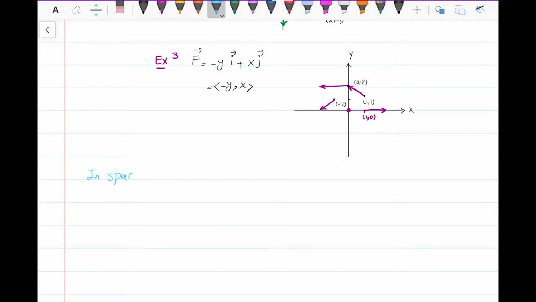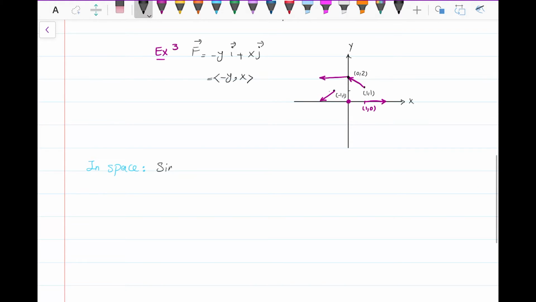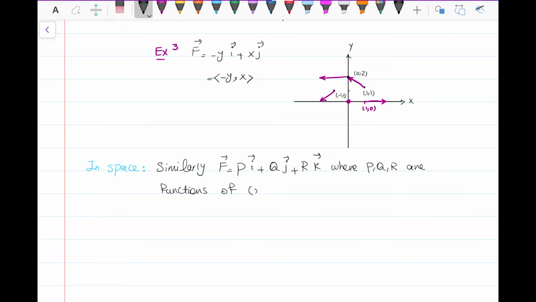Okay, how about in a space? In a space, what do we have? Similarly, f, which is pi plus qj plus rk, where p, q, and r, these three are functions of x, y, and z.